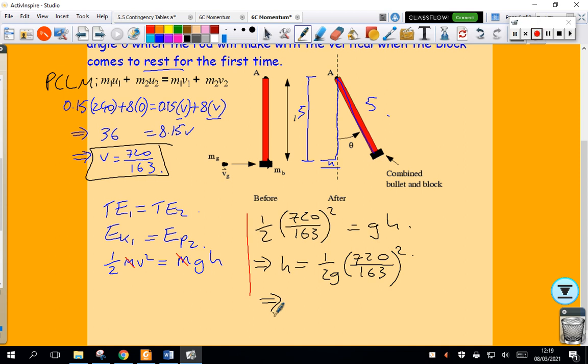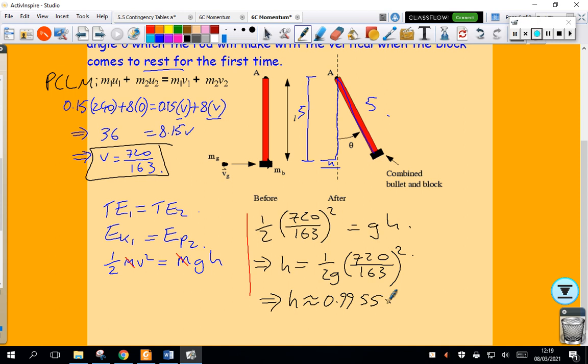I'll just hit equals. Now what it's telling me here is the height, and I'm going to round that off and go to 4 decimals, 0.9955. So it goes up to 0.9955.